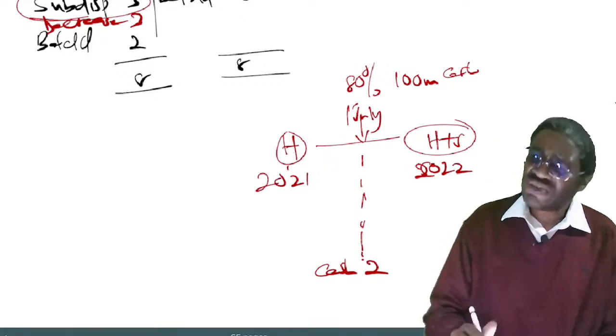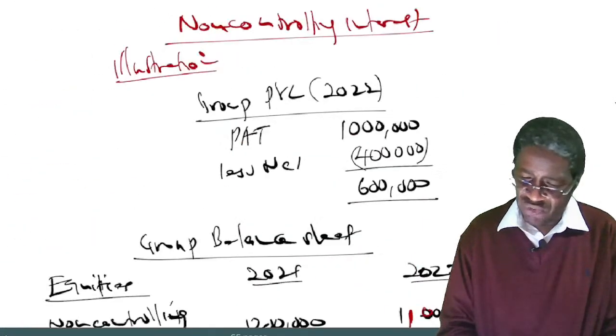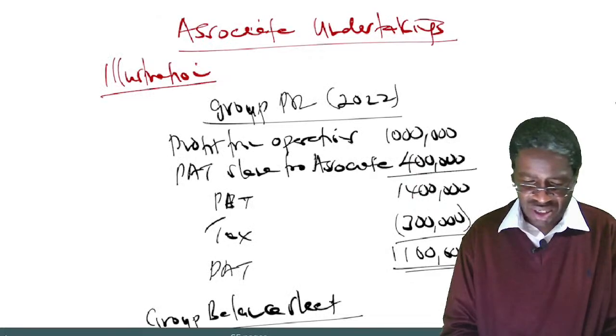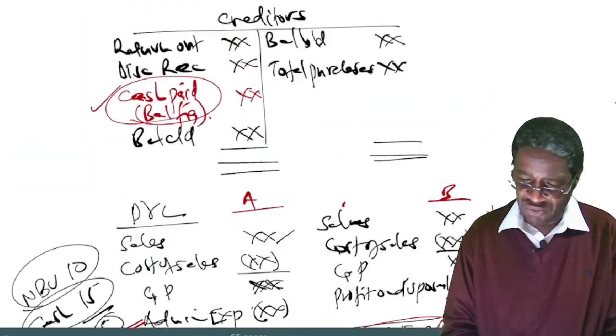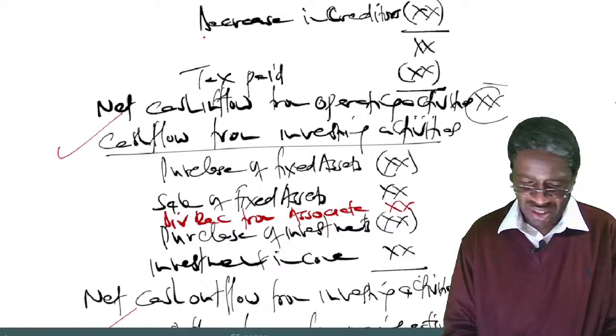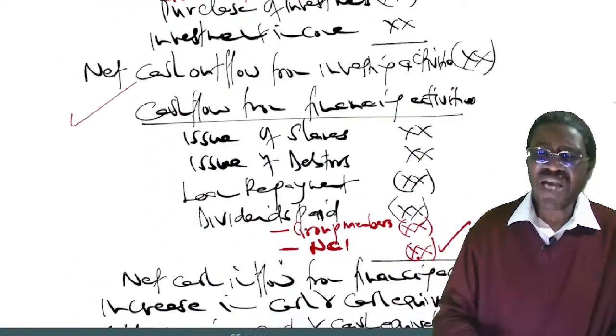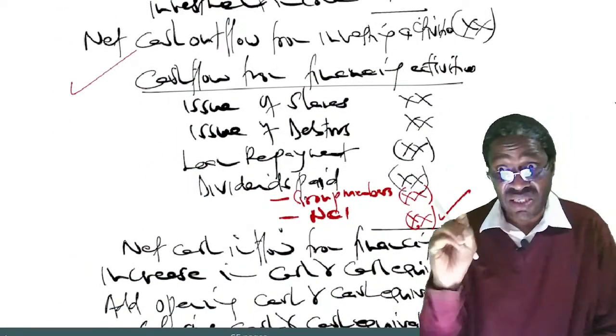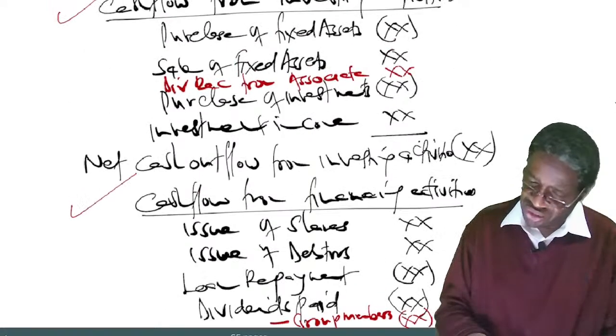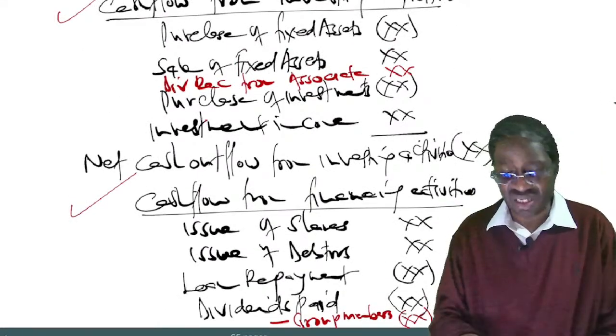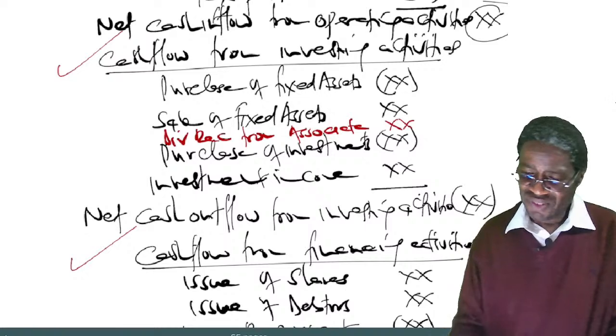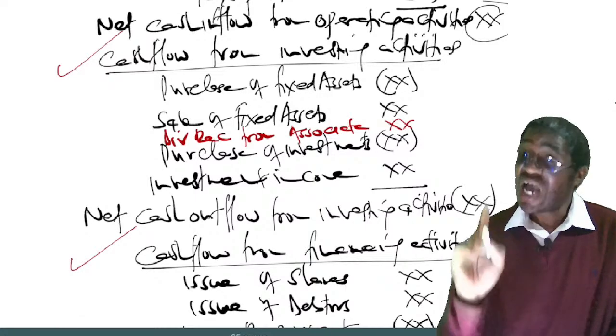So in your cash flow statement, when we were discussing the format of a cash flow, among the investing activities here, we are acquiring a subsidiary.